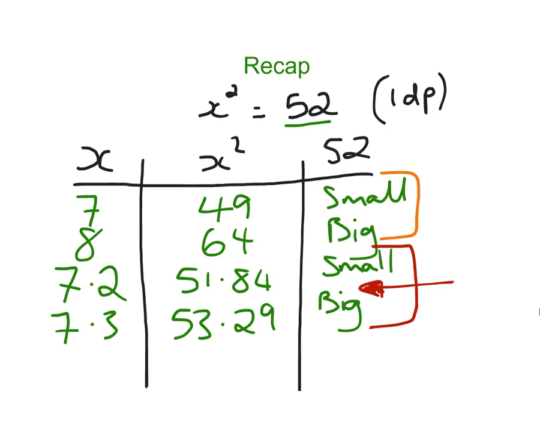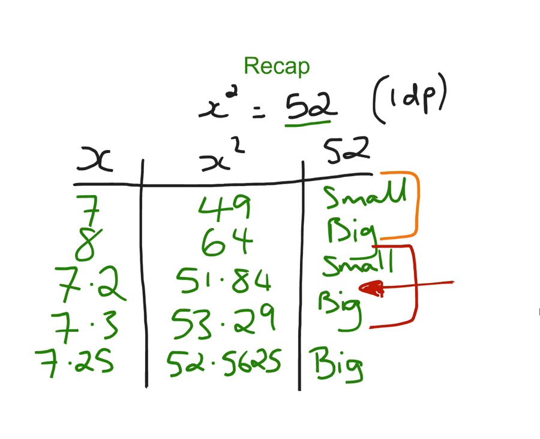Remember, I'm only looking for the answer to one decimal place, but just to check which one it's closest to, I'm going to take the number between 7.2 and 7.3, which is 7.25. If I have 7.25 and I square it, you get the answer 52.5625, which is too big.